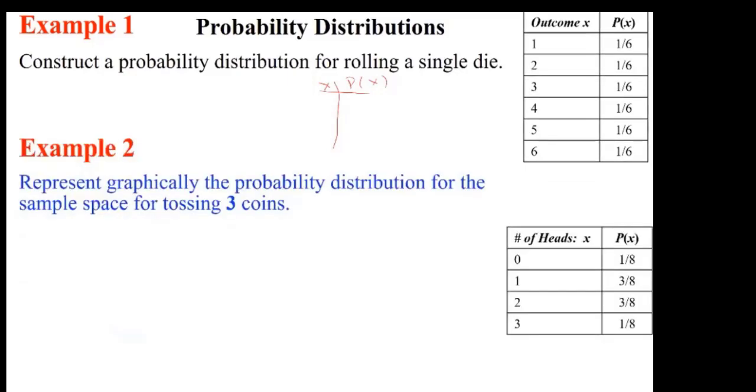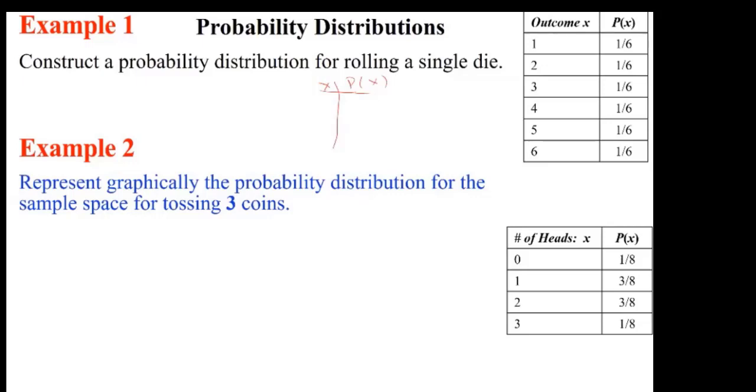In this example, we are given the probability distribution. So if somebody says, what is the probability distribution for a sample space or for tossing 3 coins, this is given right here. Now understand, for 3 coins, depends on what X represents. By the way, whether it represents the number of heads or tails, it works out to be the same. I want you to know.